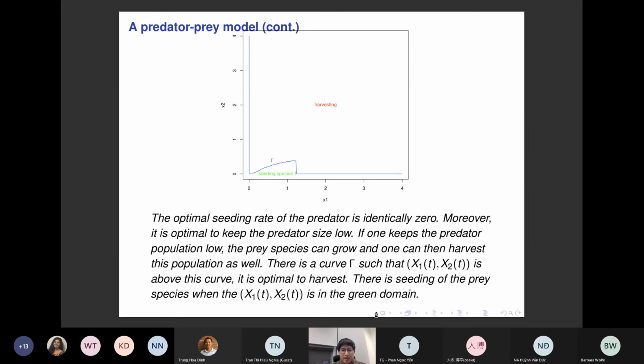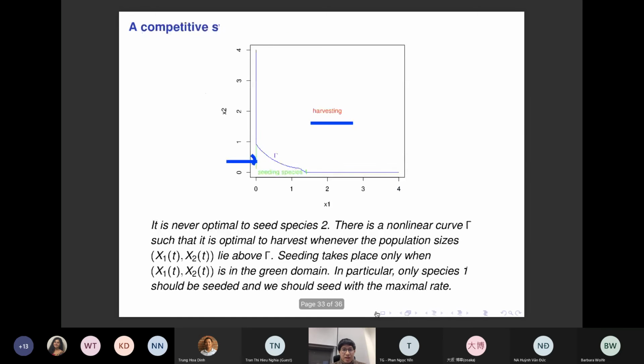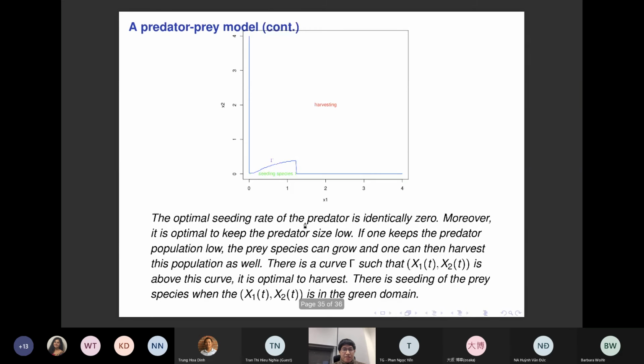If you look at the shape of the curve gamma, this is the previous curve, and now I show you the new curve. They are different in shape. It means we try to keep the population of the predator very low.